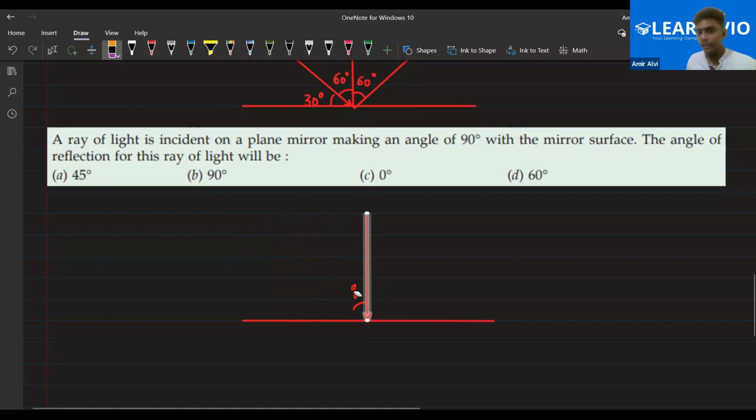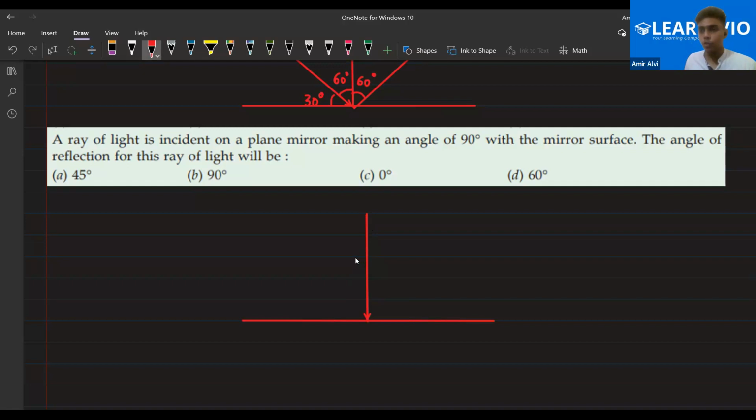Both the normal and the incident ray are coinciding, overlapping. We have studied in maths that when lines coincide or are parallel, they make a 0-degree angle with each other. The angle made by the incident ray with the normal is called the angle of incidence. So if the light ray is perpendicular, it makes a 0-degree angle with the normal.